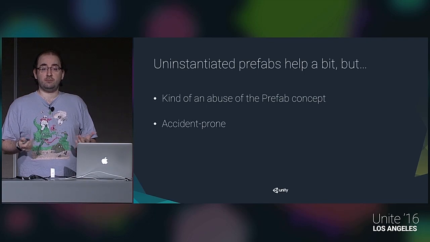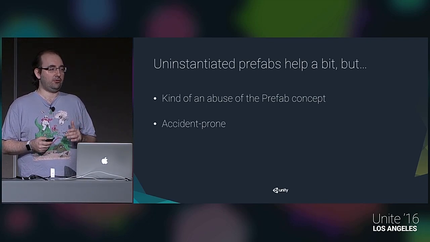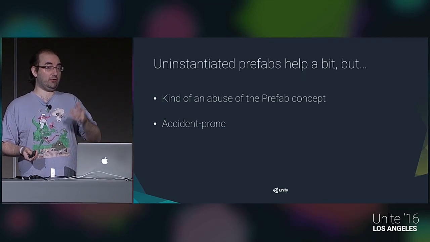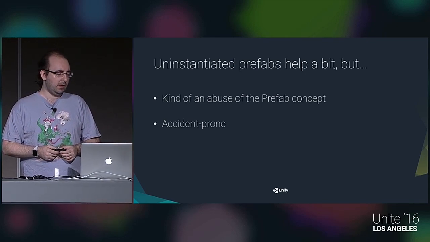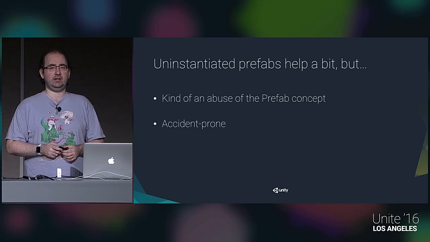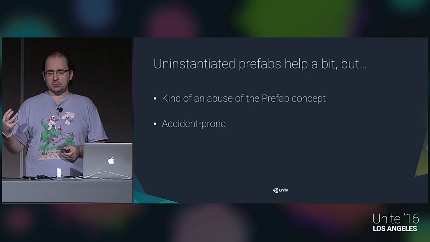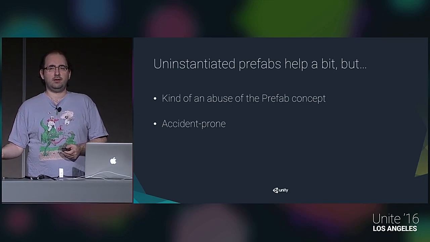And the second problem as a result of that is that they're accident prone. It's quite easy to accidentally drag and drop one of these things into the scene. And then suddenly you've got the shared object in the project and also the instance in the scene. And that can become very confusing very quickly. It's also possible to accidentally add extra components to these things. So suddenly your prefab that stores your enemy maximum health information also has a rigid body.